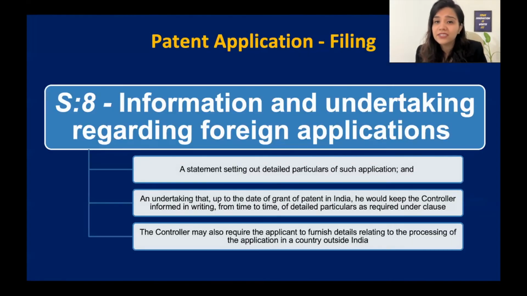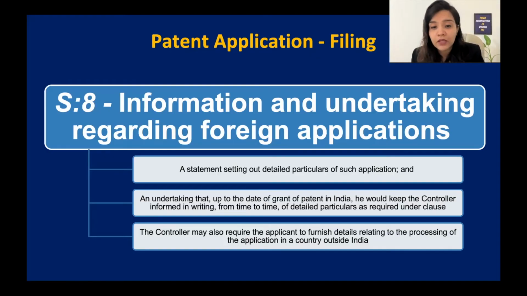It includes a statement setting out details of foreign applications. So in Form 3, we generally give a table and we tell the examiner that, see, we have filed foreign applications in these countries. So this is the statement. Now, what is an undertaking?